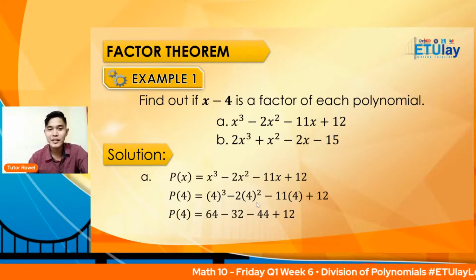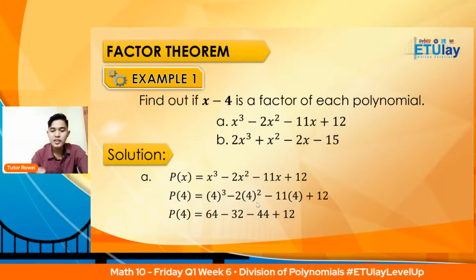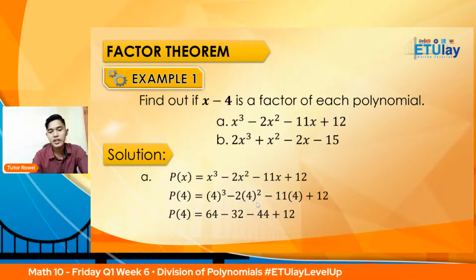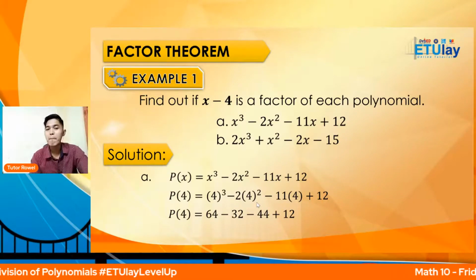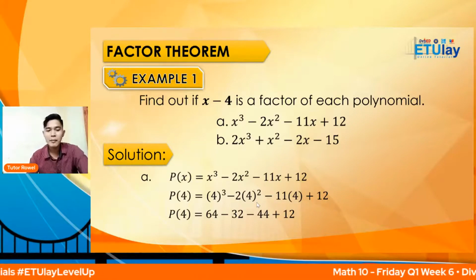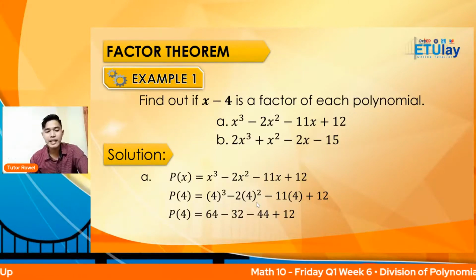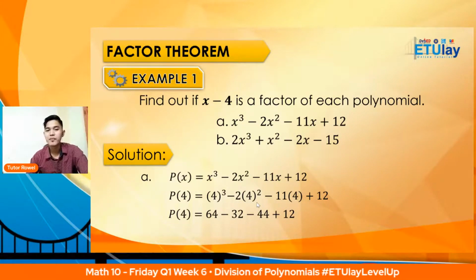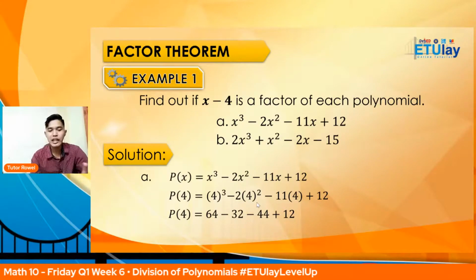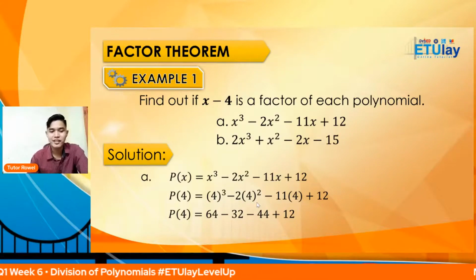Pero pwede namang hindi. O ngayon, since addition and subtraction nung nandyan, we will do this one from left to right. Pero, pwede namang i-add natin, i-recombine natin lahat ng positive, then combine lahat ng negative, tapos saka natin i-combine yung dalawang sagot. Pwede naman po yun. Okay?